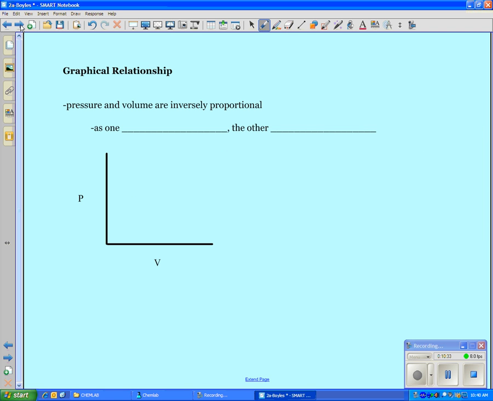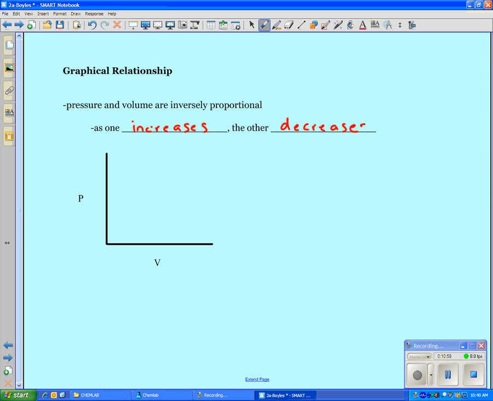The last thing we want to look at for Boyle's law is the graphical relationship between pressure and volume. Pressure and volume are inversely proportional. So as one of those variables increases, that means that the other variable is going to decrease. They move in opposite directions.